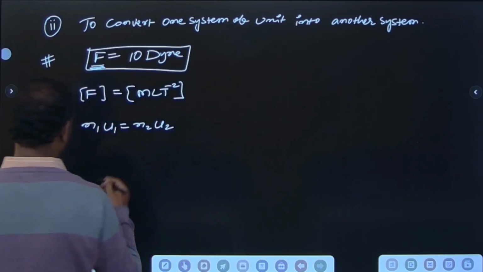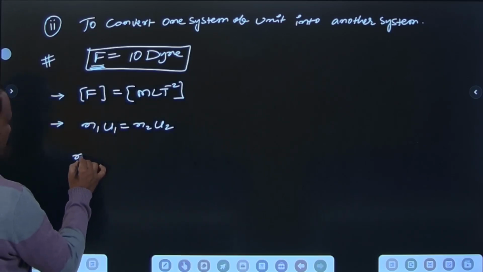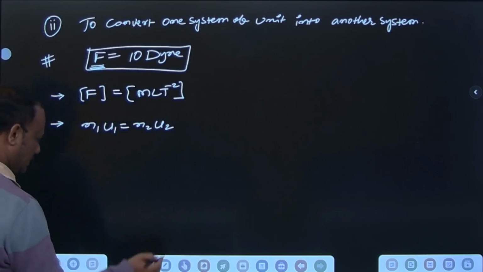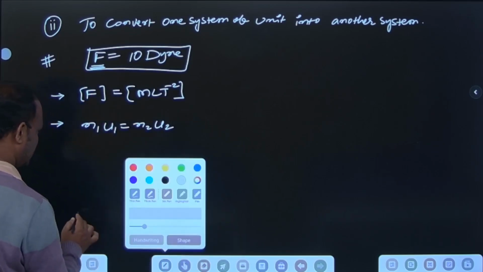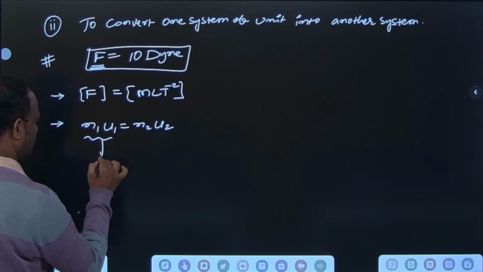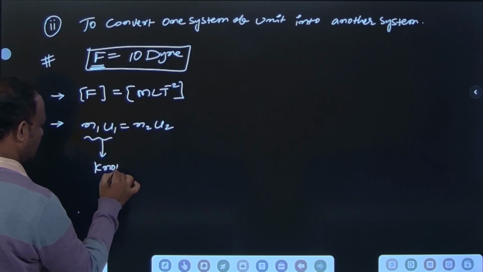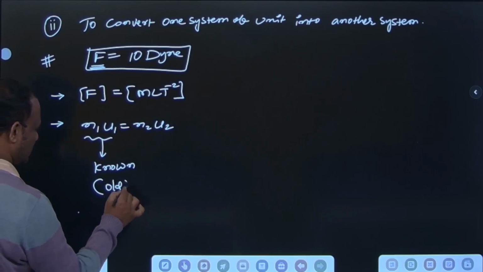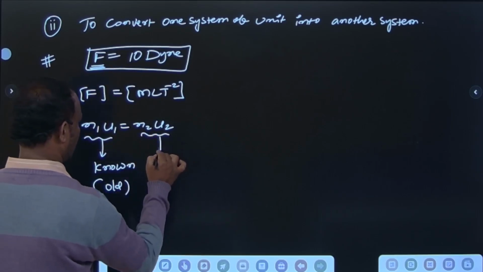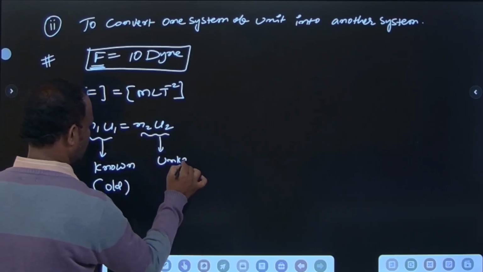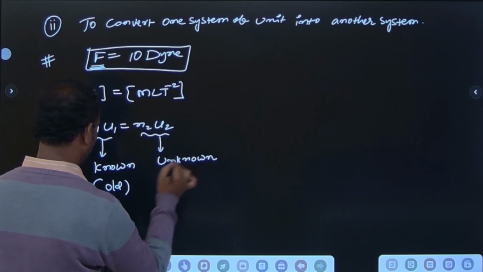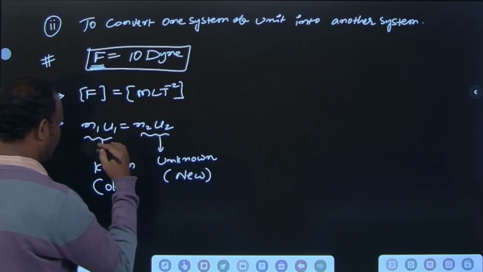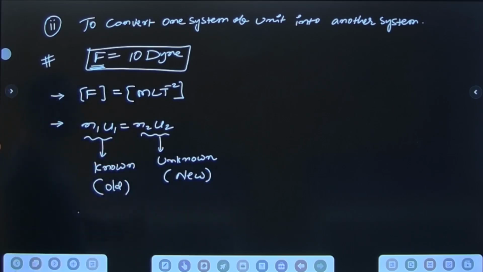First, before writing, mark which is the known system. Known means the old system. This is the unknown, which means the new system. I need to convert from the old system to the new system.